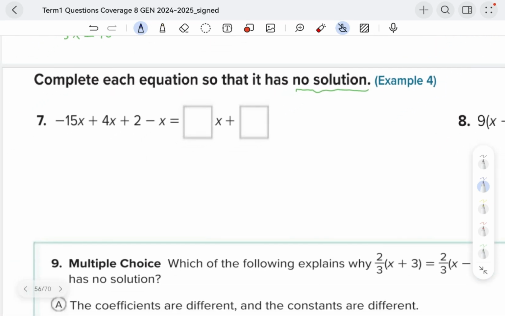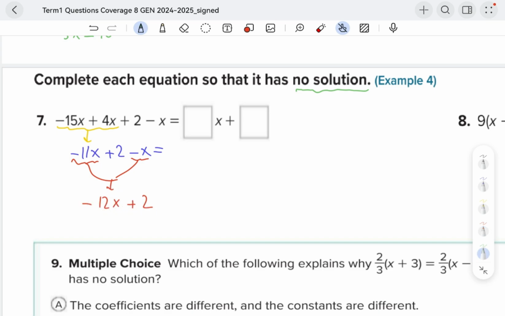Okay, now let's go for question number 7. We have to complete the equation so we have no solution. First, we're going to simplify. Negative 15x plus 4x is negative 11x, plus 2 minus x equals 2. Let's simplify it more. Negative 11, negative 1. This gives us negative 12x plus 2.